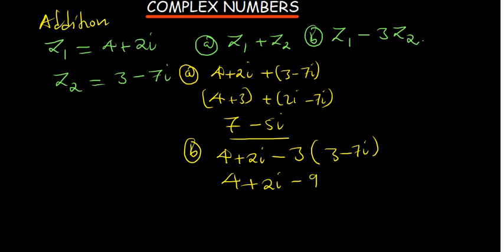Negative 3 times negative 7i, positive 21i. Add like terms, 4 minus 9, negative 5. 2i plus 21i, 23i. So this is z1 minus 3z2.